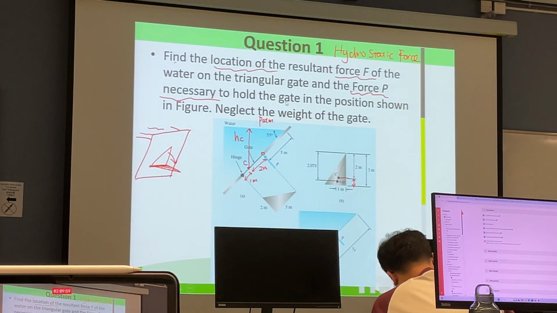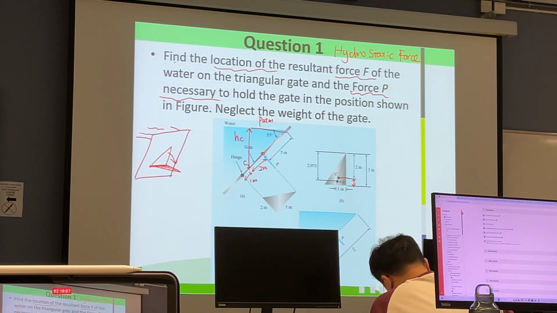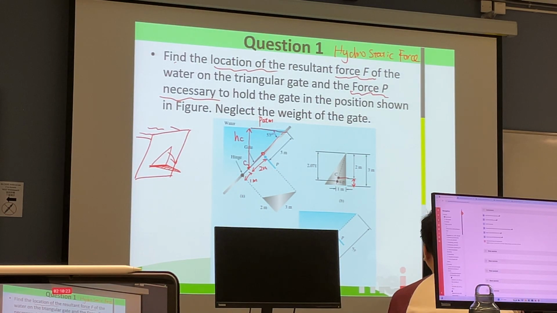HC is not directly given, but we can see that in this triangle, HC can be determined by the hypotenuse, by this edge, 5 meters, plus 2 meters, times the sine 53.